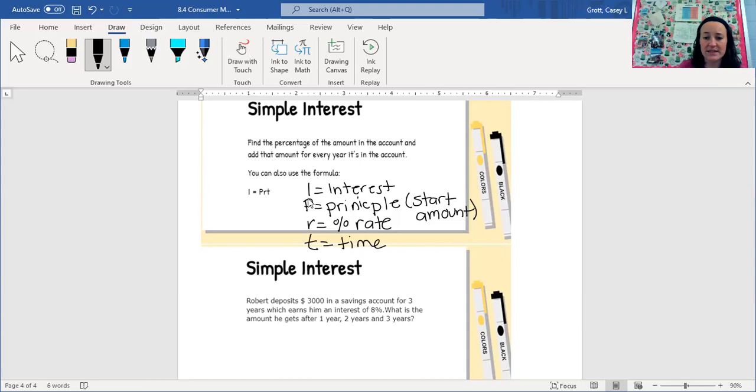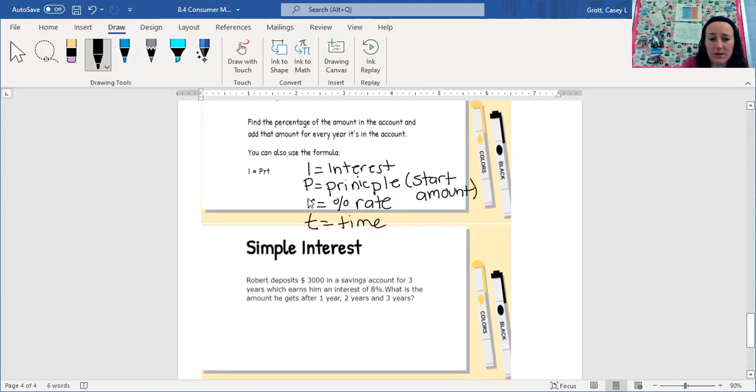So we have one example that we're going to look at here. Robert deposits $3,000 in a savings account for 3 years, which earns him an interest of 8%. What is the amount he gets after 1 year, 2 years, 3 years? I equals PRT. Interest is what we're trying to find. So my principal, I started with $3,000.